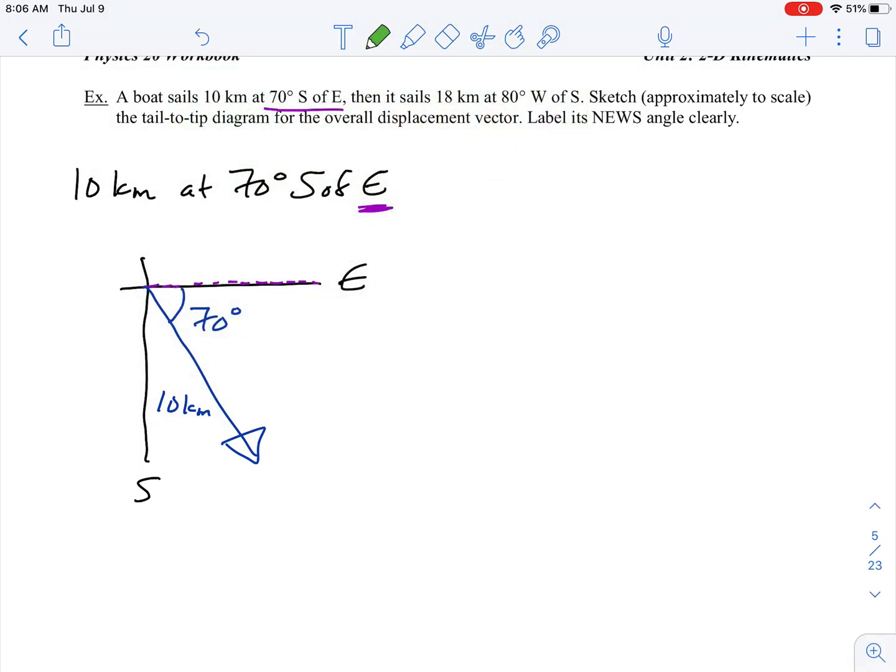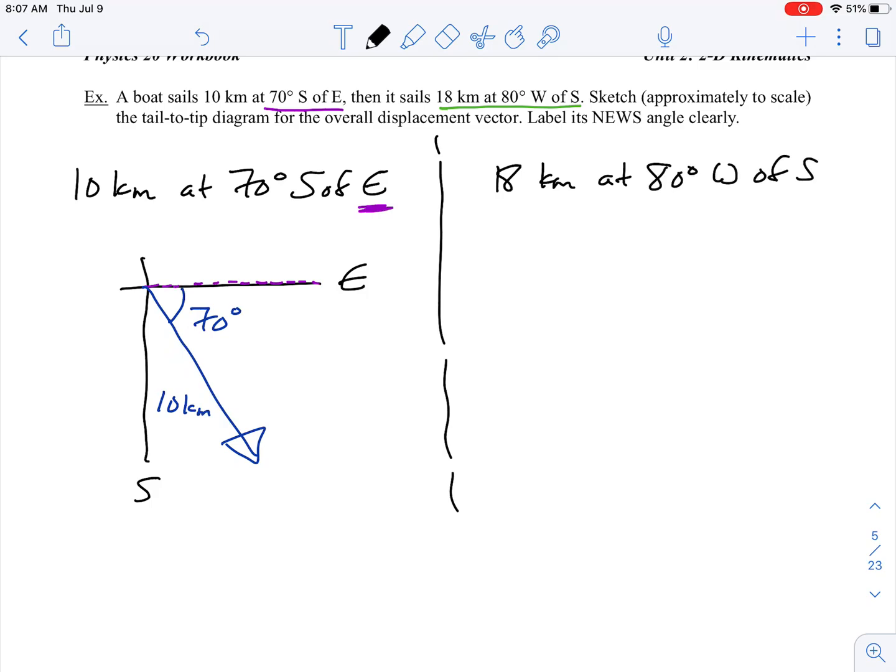So now we have 18 kilometers at 80 degrees west of south. So I'll write that out. Okay, so 18 kilometers at 80 degrees west of south. So again, I'm going to draw the relevant axes here. We have west, we have south.